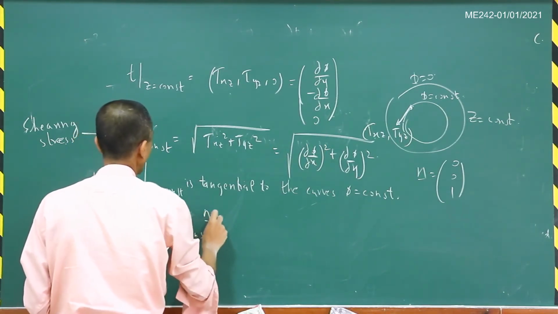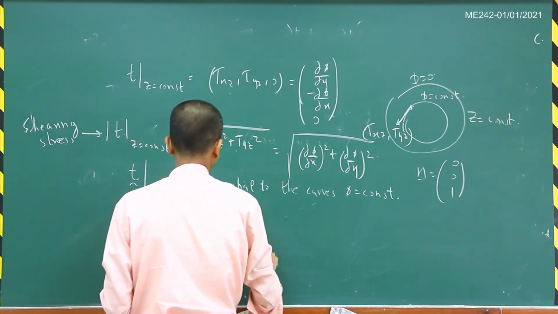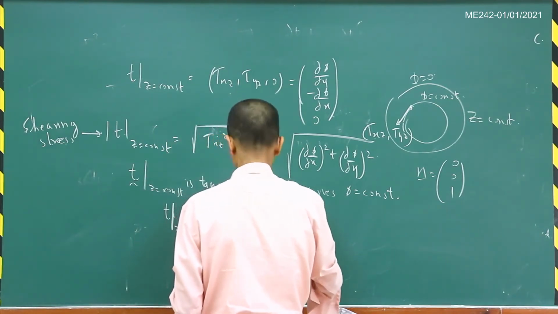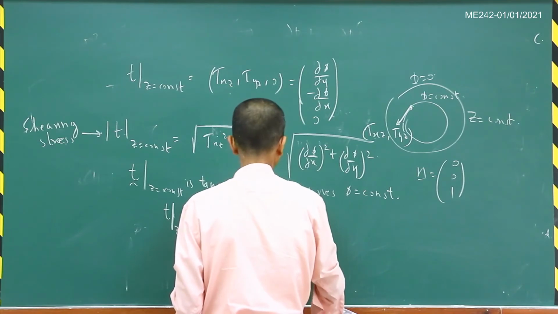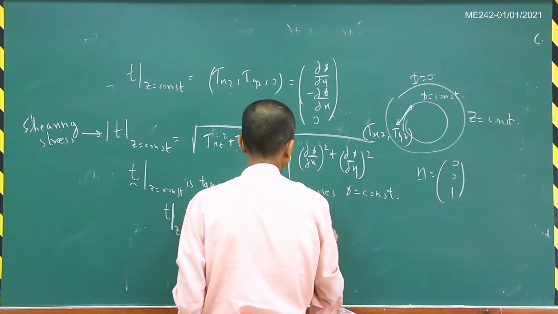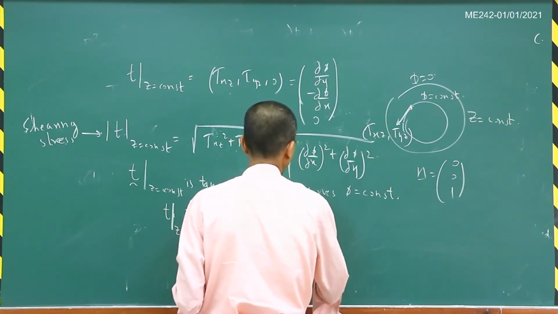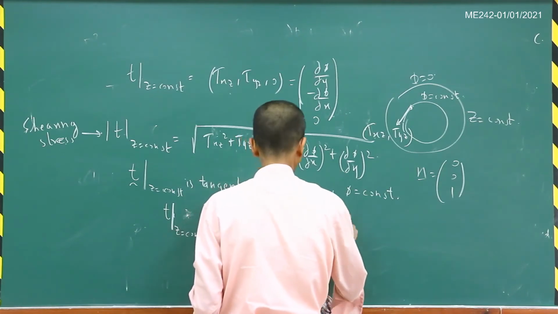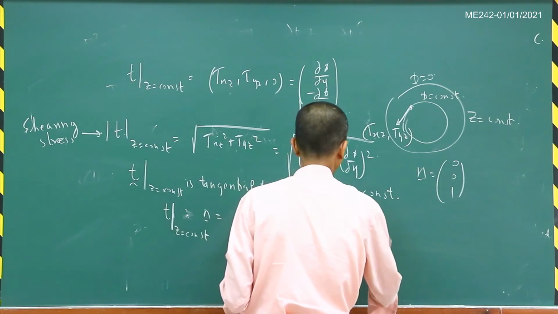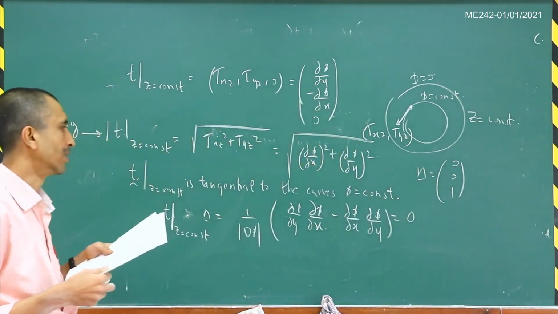So t on z equal to constant dot n is equal to 1 by norm of del phi times del phi by del y times del phi by del x minus del phi by del x times del phi by del y, and that you can see is equal to 0.